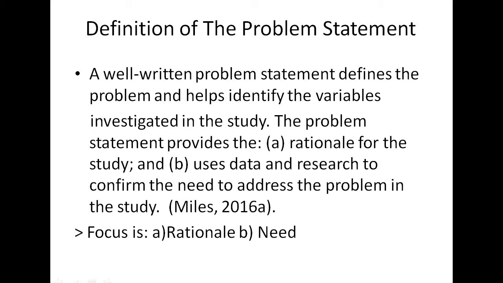Then we know that in research some variables are involved, and in research we try to establish a relationship between or among these variables, and sometimes we prove or disprove if there is any kind of relationship existing between or among these variables.